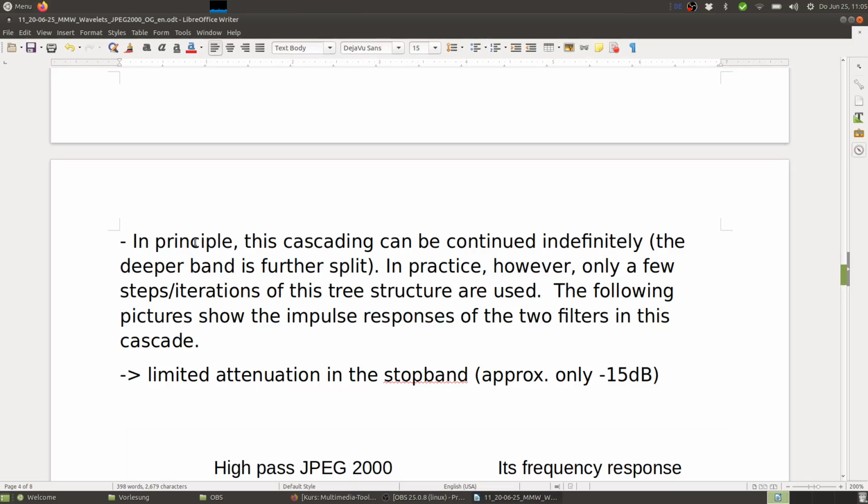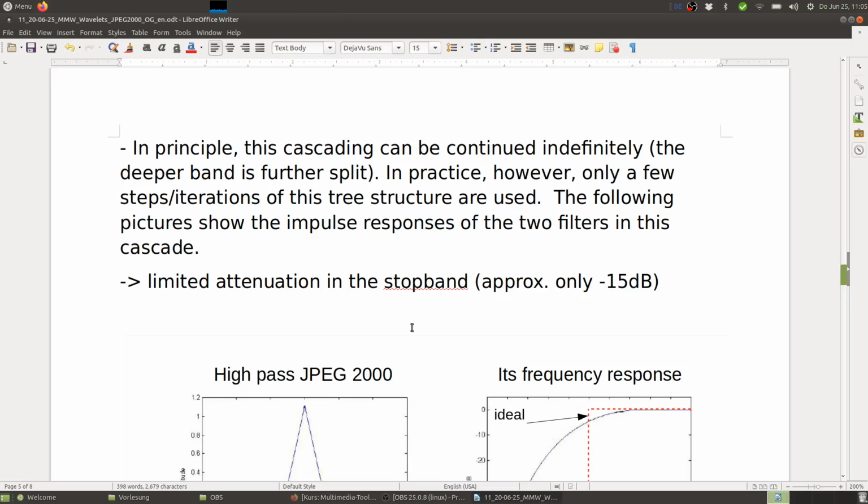Okay, so in principle this cascading can be continued indefinitely. The deeper band is further split. In practice, however, only a few steps or iterations of this tree structure are used. The following picture shows the impulse response of the two filters in this cascade. So now we can see actually that those filters are much longer than what we would use in a DCT.